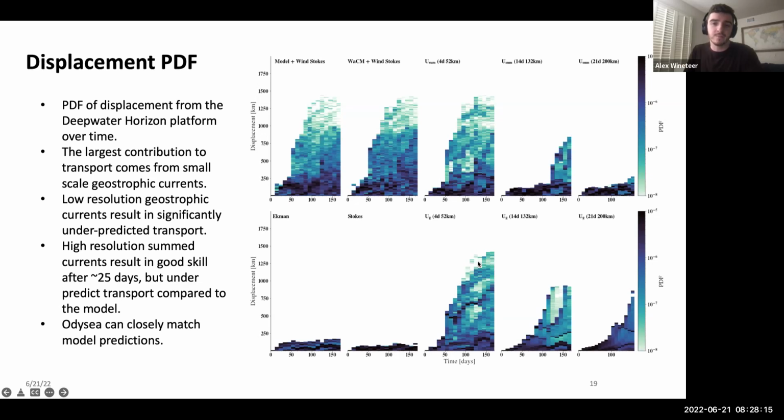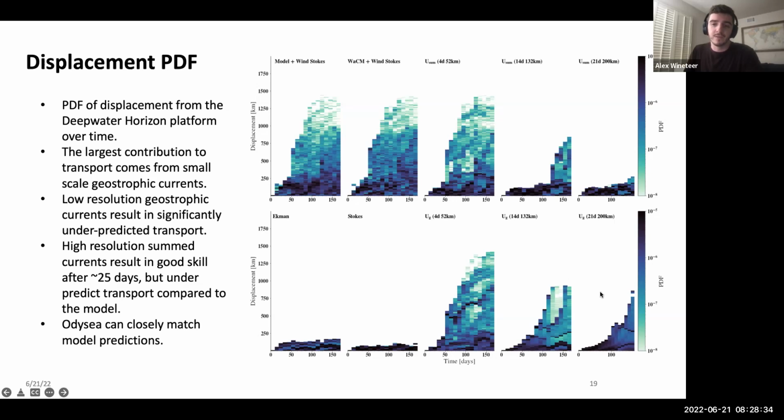So from this, we can really start to say that the resolution is very, very important. The resolution of currents that we use is very important towards getting this displacement PDF that we expect based on the model.